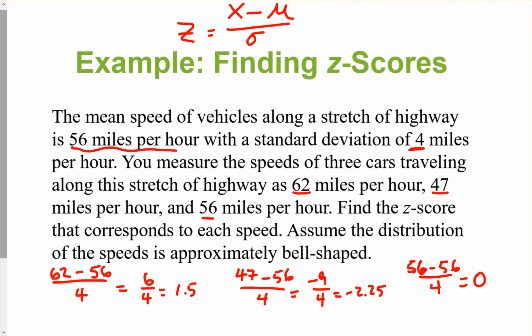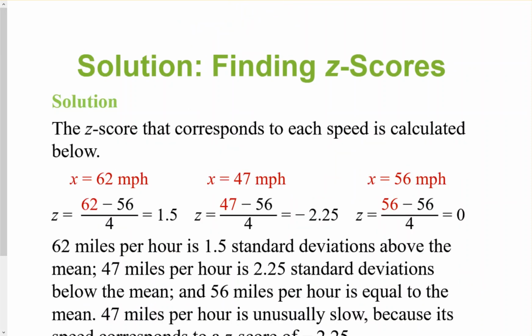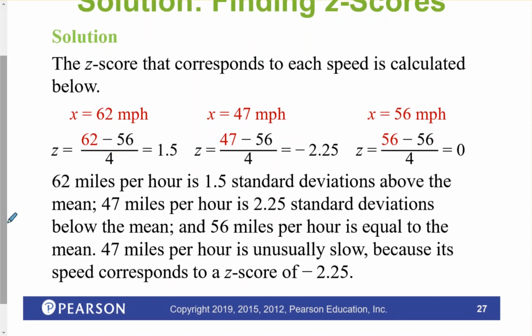This is right on the dot of the mean. So this is how we would figure out our typical z-scores. Okay, let's compare with our answers. We end up with the same values, 1.5, negative 2.25, and 0.